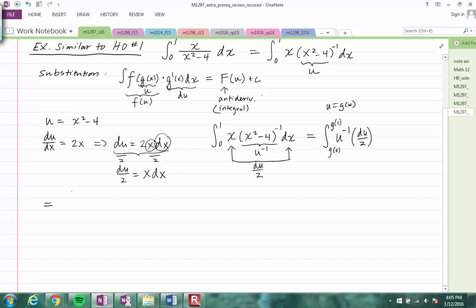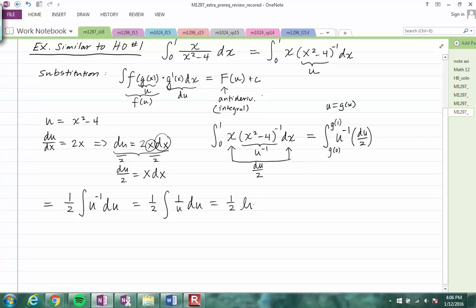So for now, note that you can pull out a 1/2, and hopefully you know the integral of u to the negative 1. It's maybe a little bit in disguise. Sometimes people write it as 1 over u. If you still don't recognize it, this is one of the integrals that you should know.